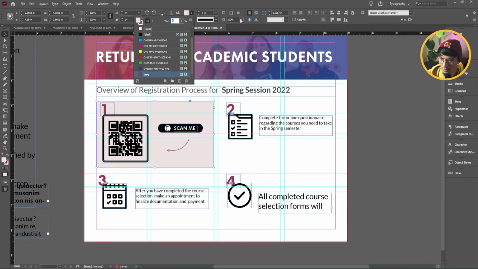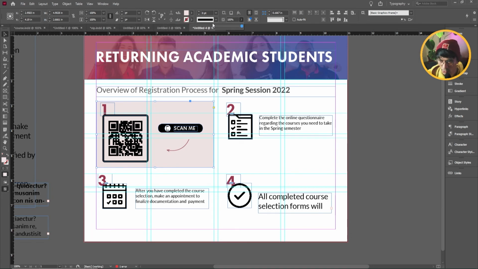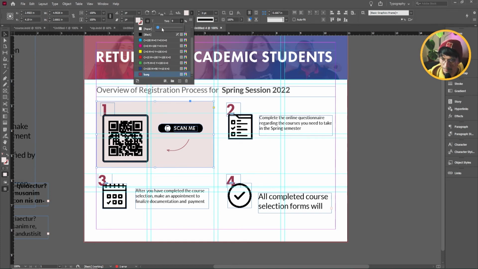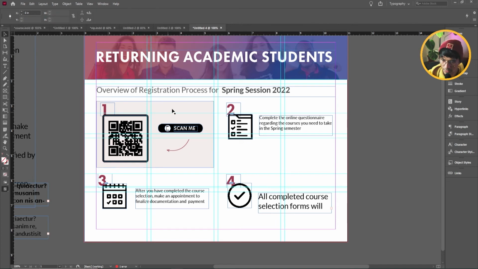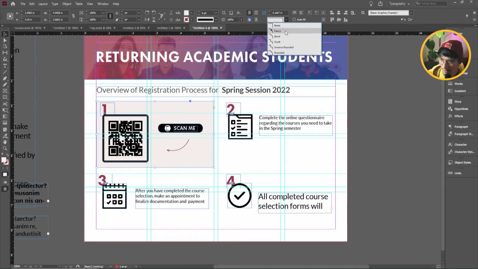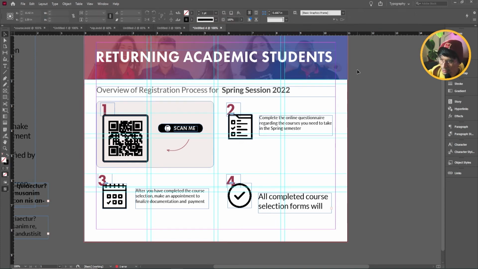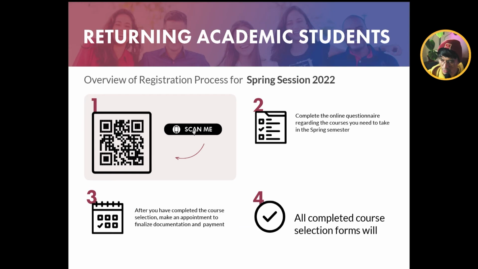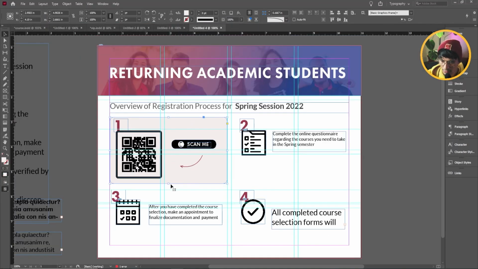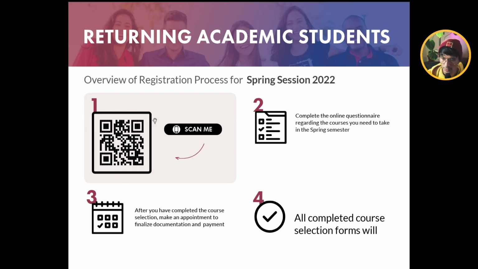You can go ahead and do the transparency, but since it will be printed, we could just put it maybe like 5 percent of the base color. And then we're going to have the rounded corners so it's consistent throughout everything. We can make it a little bit bigger so it doesn't look cramped. Let's see if it's good enough.